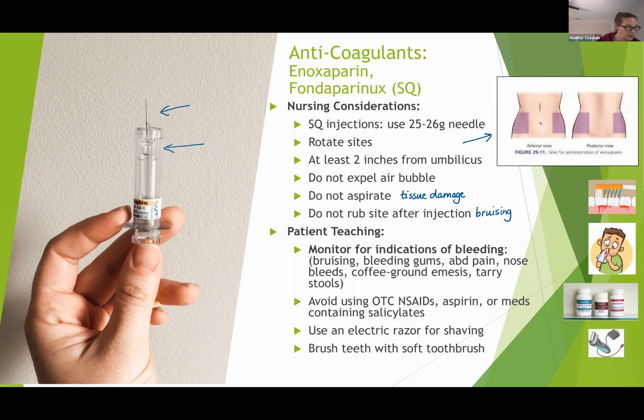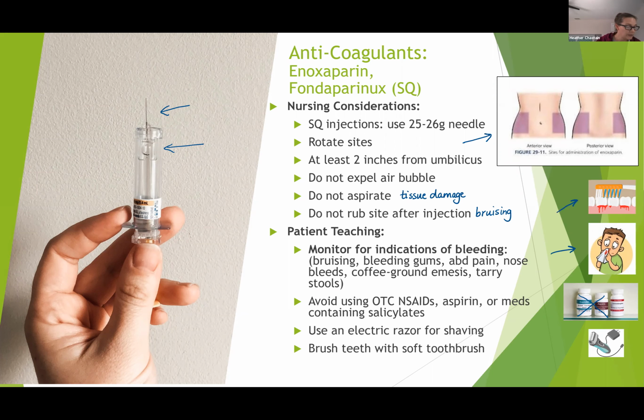For patient teaching, make sure they're monitoring for indications of bleeding, which we talked about: bruising, bleeding gums, abdominal pain, nosebleeds, coffee ground emesis, and tarry stools, okay? They need to avoid using over-the-counter NSAIDs, aspirins, and any meds containing salicylates.